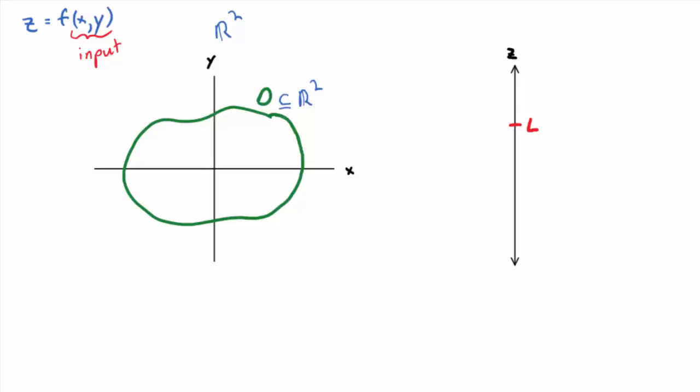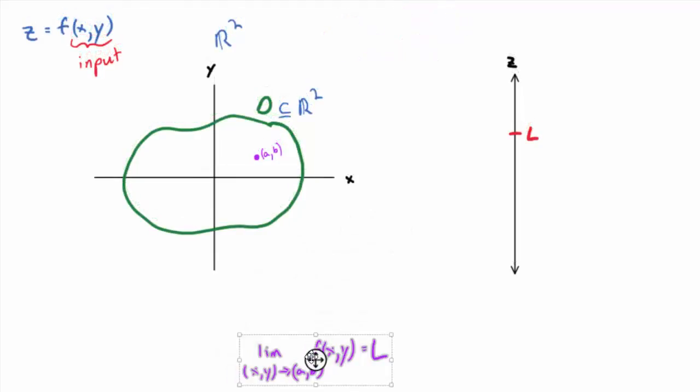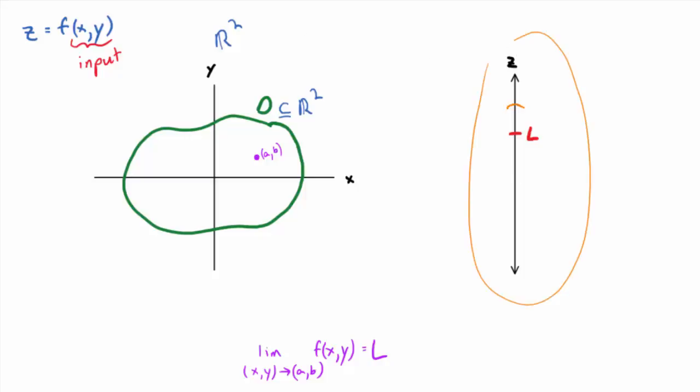So what that definition is saying is this: if you take a point, let's call this point (a, b), if z equals f of (x, y), and if this is true, that the limit as (x, y) approaches (a, b) of f of (x, y) does equal L, then the epsilon-delta definition is simply saying this: if you take an epsilon bigger than 0, let's say this distance between L and whatever this upper interval value is, we're thinking of this as a z-axis, I suppose, but it's a number line.